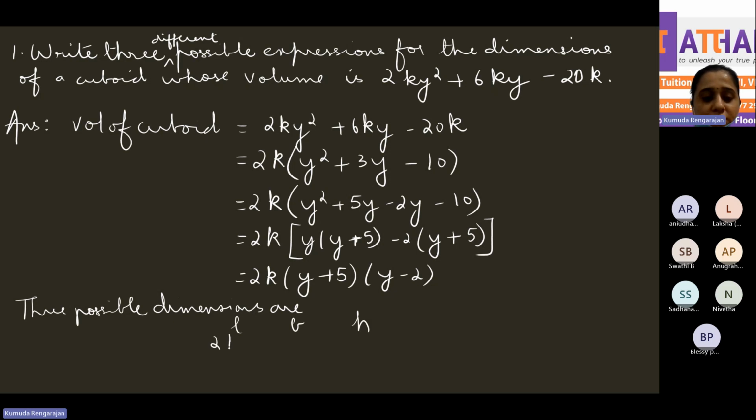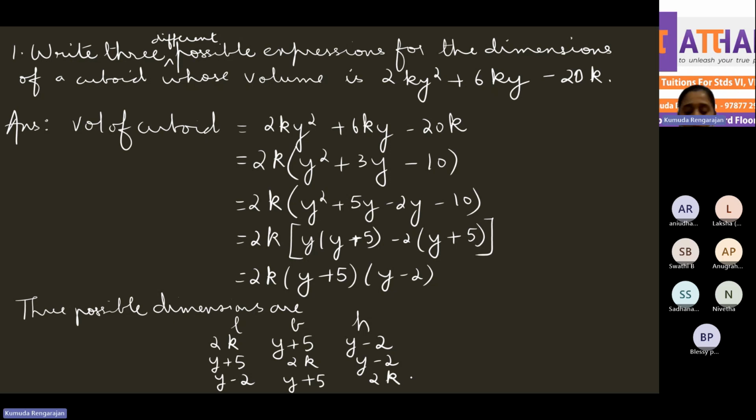If the length is 2k, then this is y plus 5, and this is y minus 2. If this is y plus 5, this can be 2k, then this has to be y minus 2. Y minus 2, y plus 5, this is 2k. That's it. Please complete this.